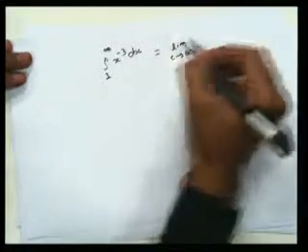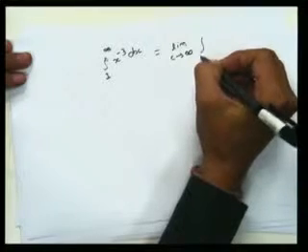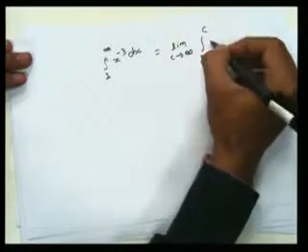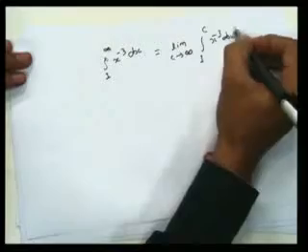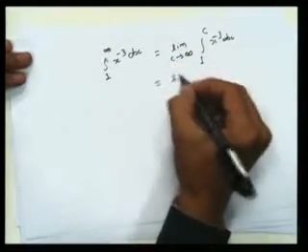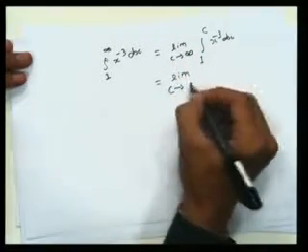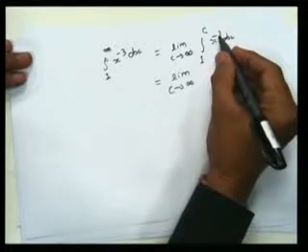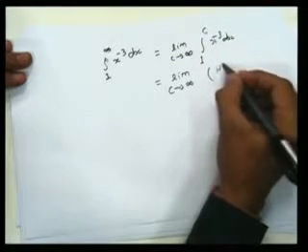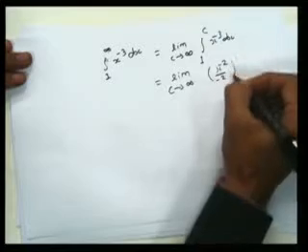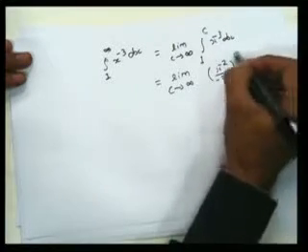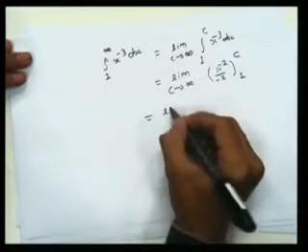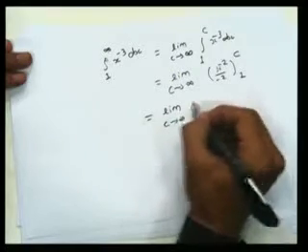So this is equal to limit c tends to infinity of integration from 1 to c of x raised to minus 3 dx. The integration of x raised to minus 3 is x raised to minus 2 by minus 2, with lower limit 1 and upper limit c.